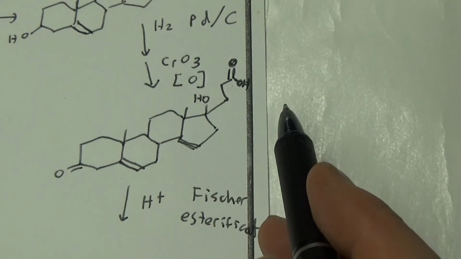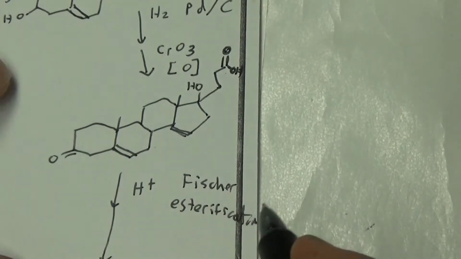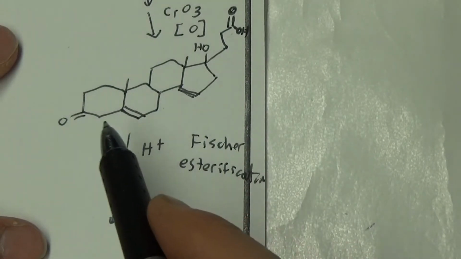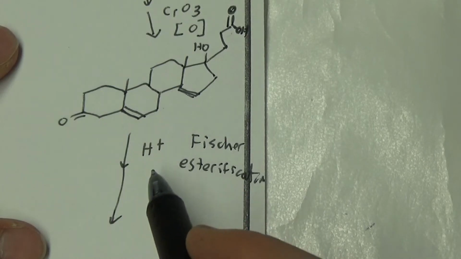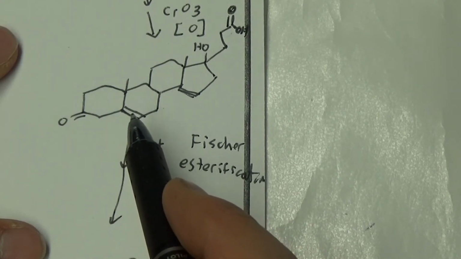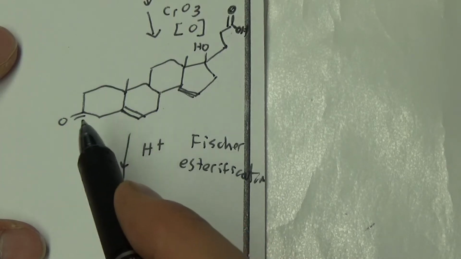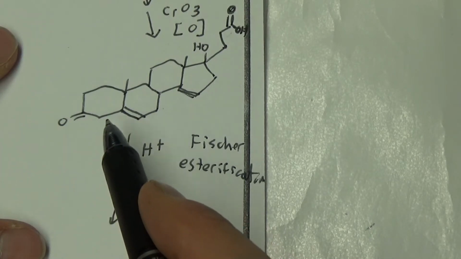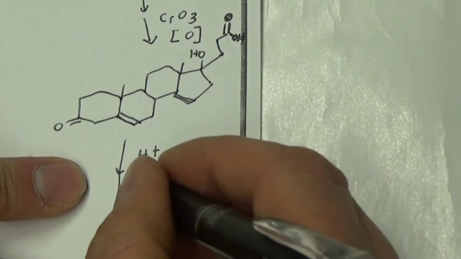Okay. This also moves the alkene to be next door to the ketone. It's called isomerization. So the alkene is a little less happy there. It's a little happier when it's next to the ketone because it's conjugated. So less happy, more happy. So there's 2 things that happen.